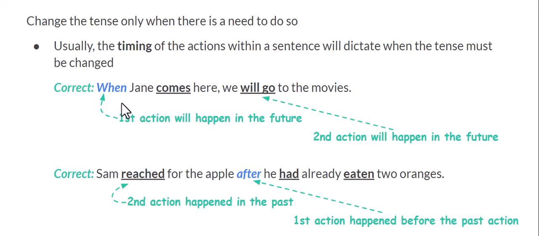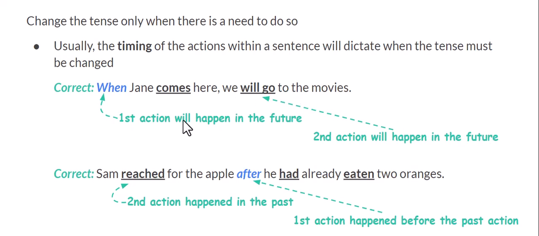So here we have the first example. When Jane comes here, we will go to the movies. As you can see here, we have when Jane comes here. This is the first action, followed by this sentence here, we will go to see the movie.